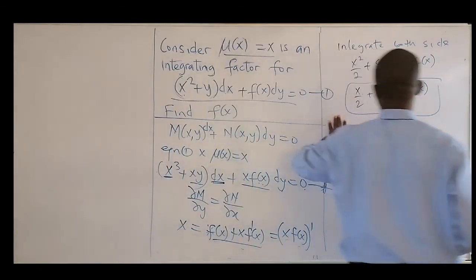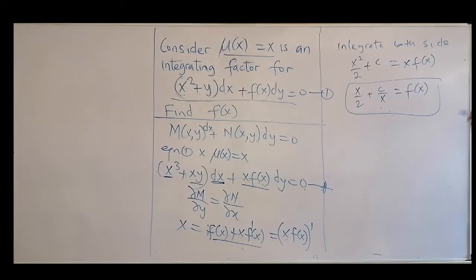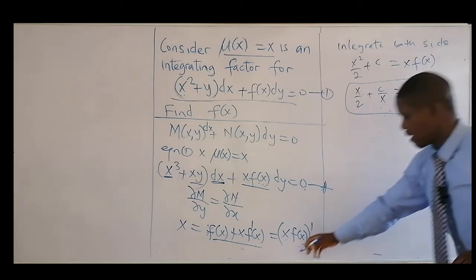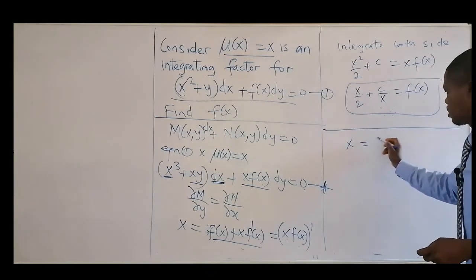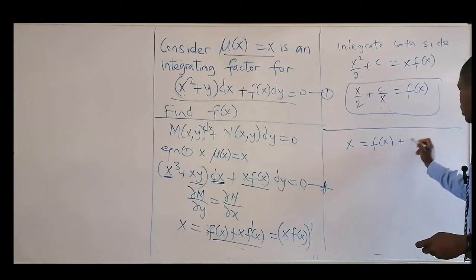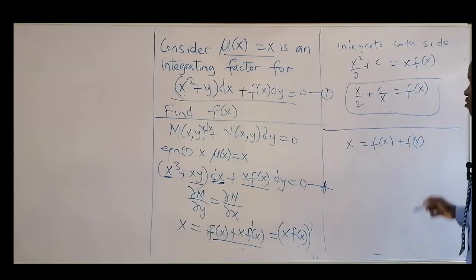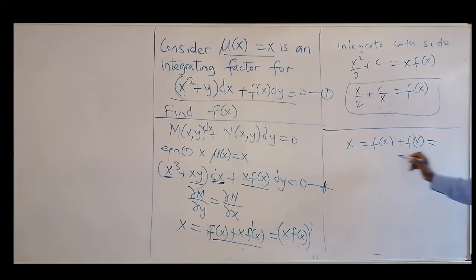The only thing you might be wondering is, since you are integrating both sides: once we are at this point, you have f of x plus x f prime of x. I said that you can write this as the derivative of this product.